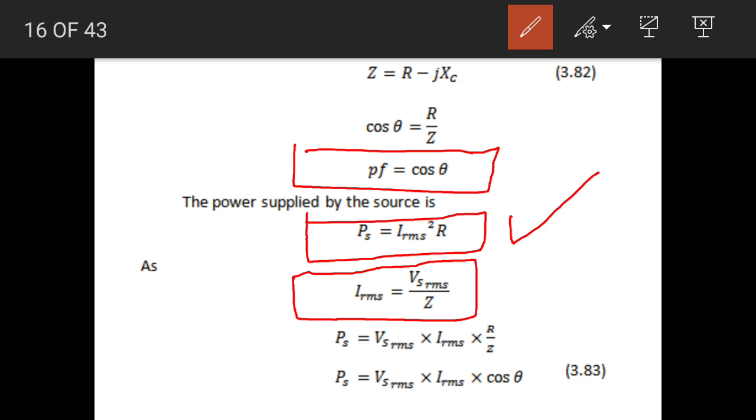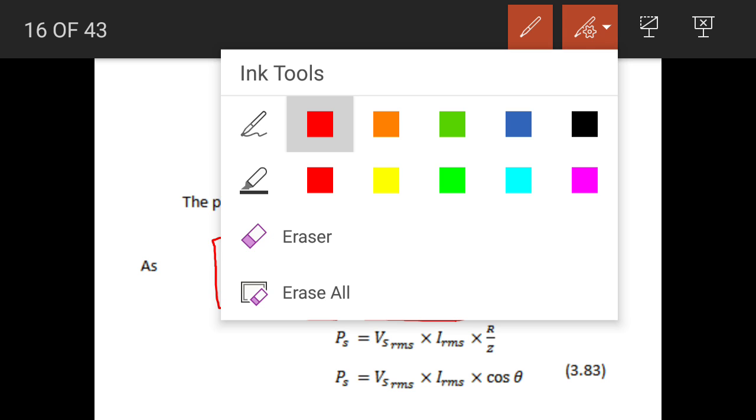If we put the value of this AC current in one of the two I's, you see we have I squared, so there are two I's in this equation. If we put the value of the AC current in one of the two I's of this equation, we get this particular equation.